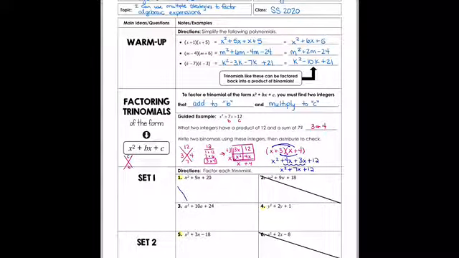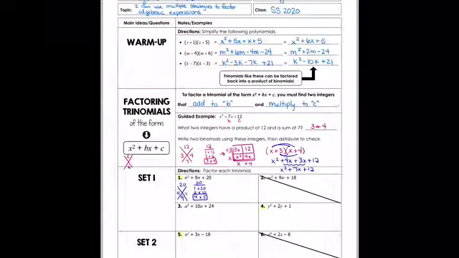We want to multiply to 20 and add to 9. Well, 20 is 1 times 20, 2 times 10, 4 times 5. 4 times 5 multiplies to 20 and adds to 9.